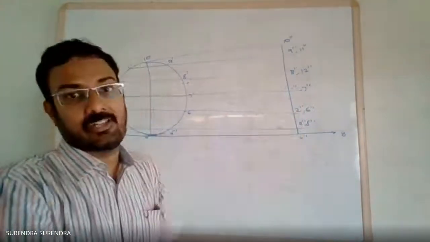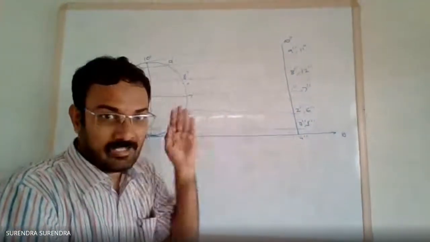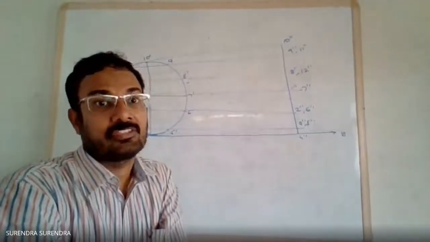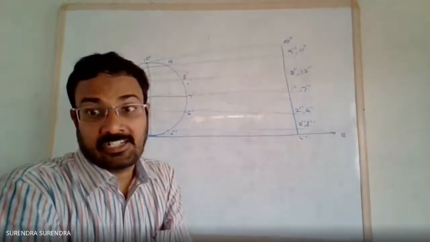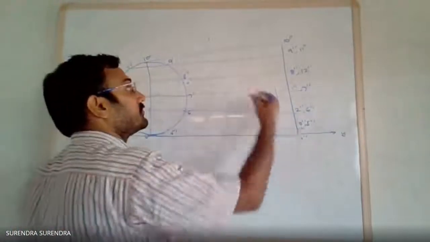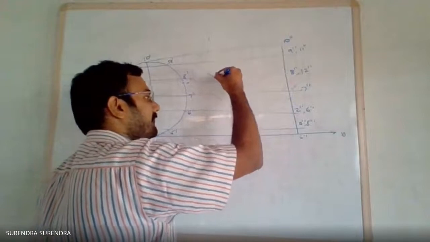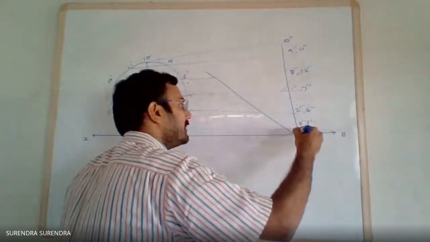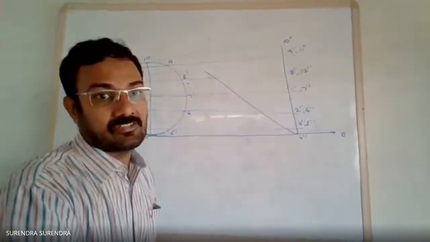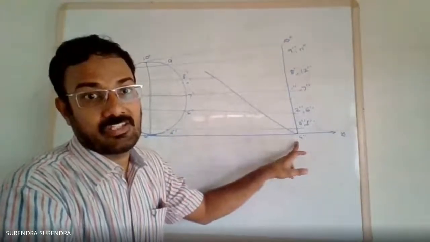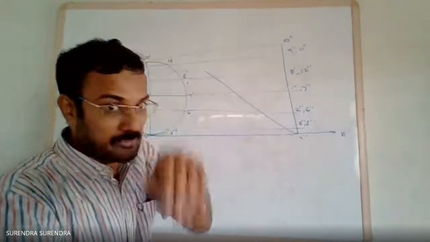Even 7 centimeters is fine, no problem, but as far as possible maintain the distance. Now draw a line with 30 degrees inclination starting from this base point. Draw the line from this base point with 30 degrees inclination.